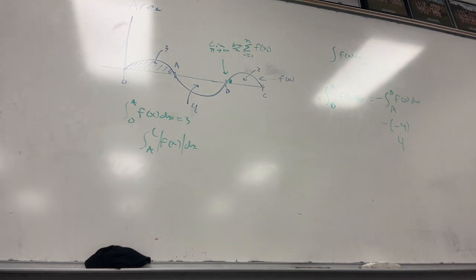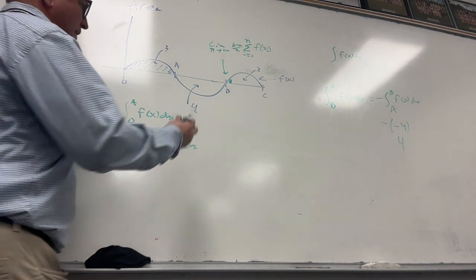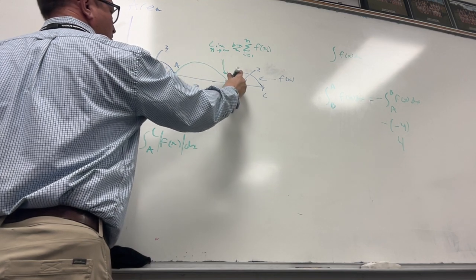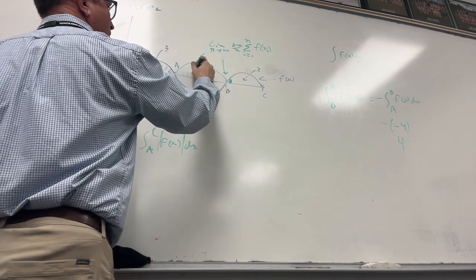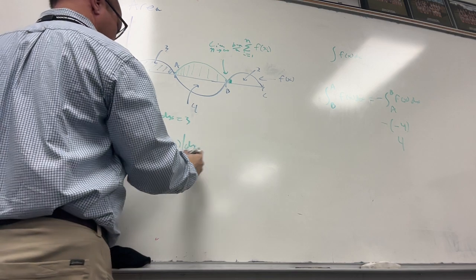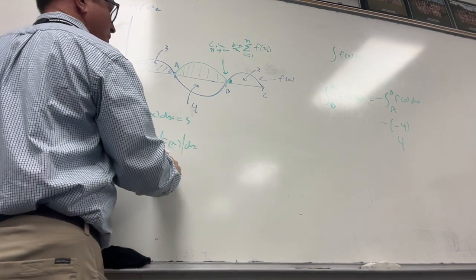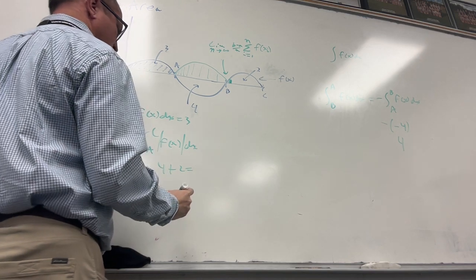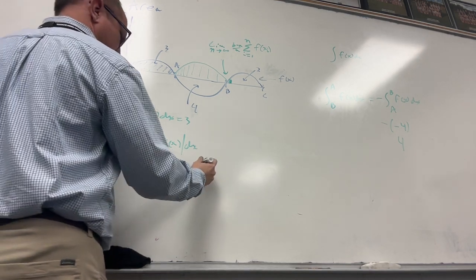Well, if I'm taking the absolute value of f of x dx, that turns this portion up here, right? So that would end up equaling 4 plus 2, which would be 6.